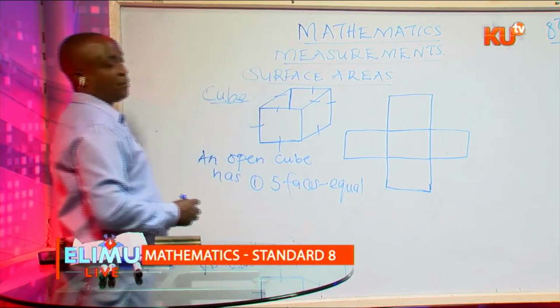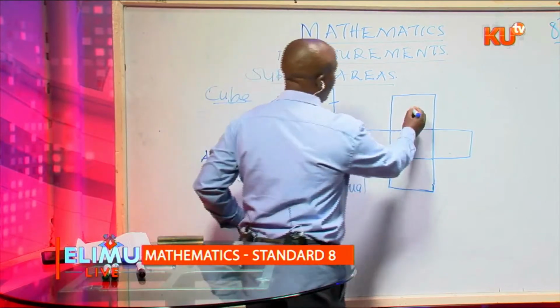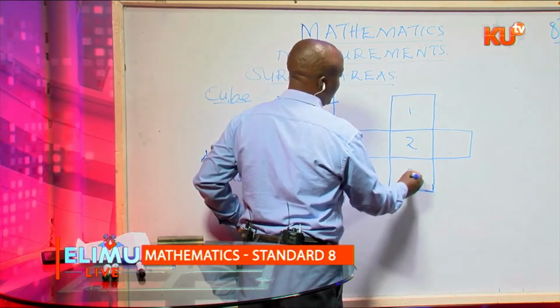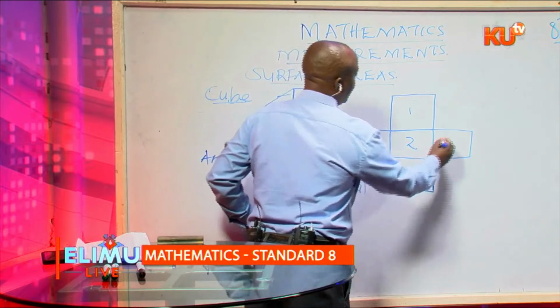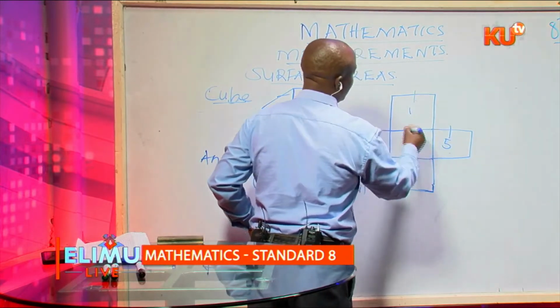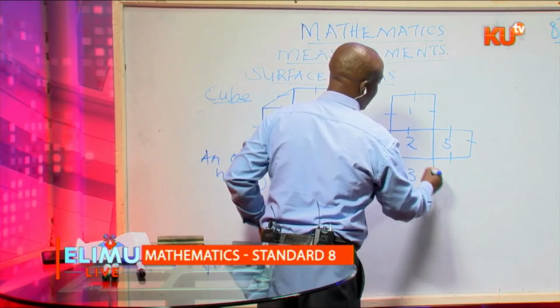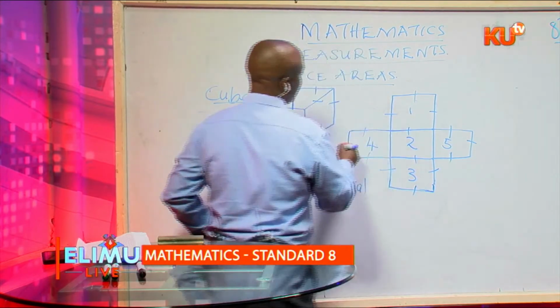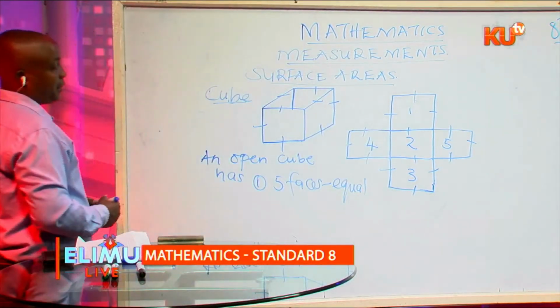So it has 5 faces which are all equal. So it has 1, 2, 3, 4, 5, and all these ones should be equal. Because we are saying it's a cube, all the edges should be equal.